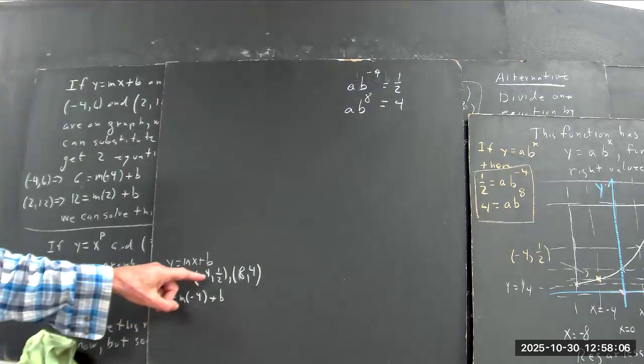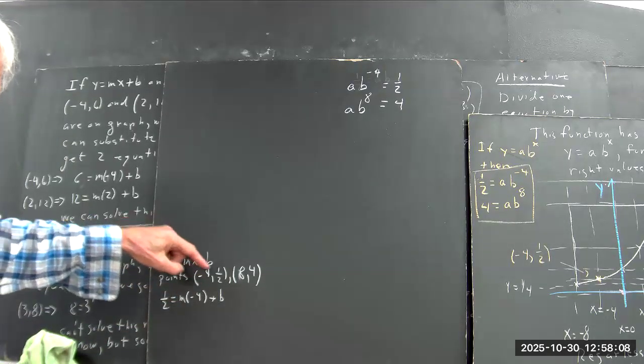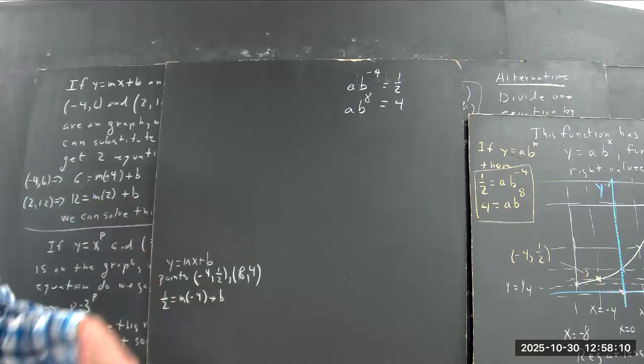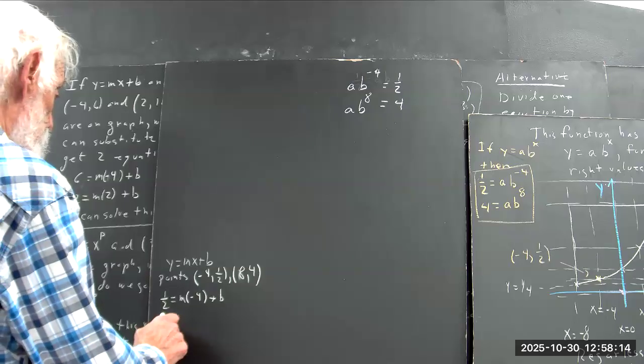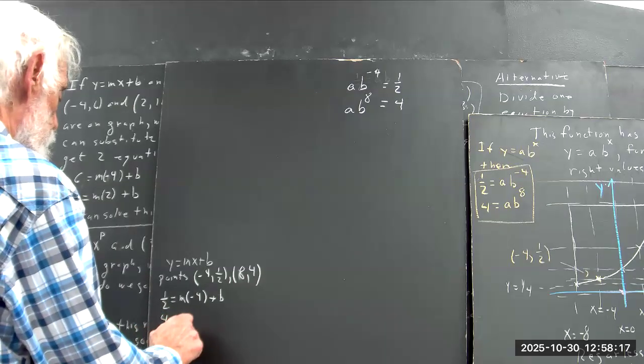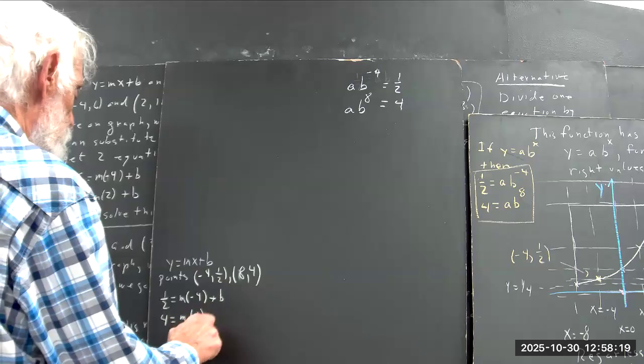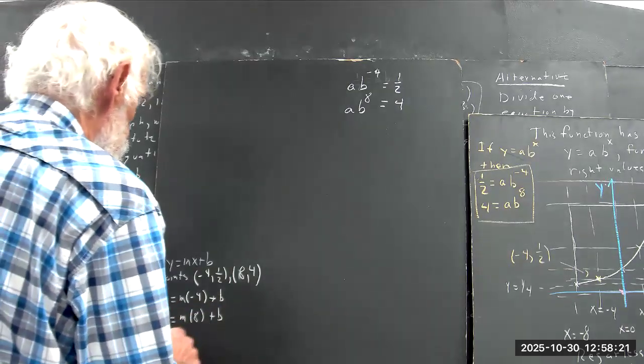In other words, we can plug -4 in for x and 1/2 for y. Remember doing that? And we could also write 4 equals m times 8 plus b.